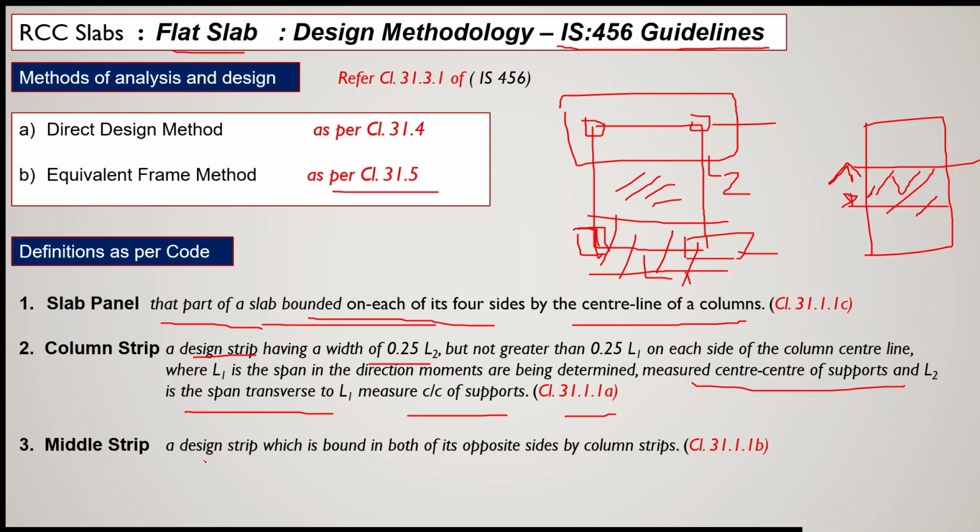It is a design strip which is bound on both of its sides by column strips, that is a middle strip. You can refer to 31.1.1b. So I recommend all of you to go through IS 456 and try to understand all the definitions carefully.